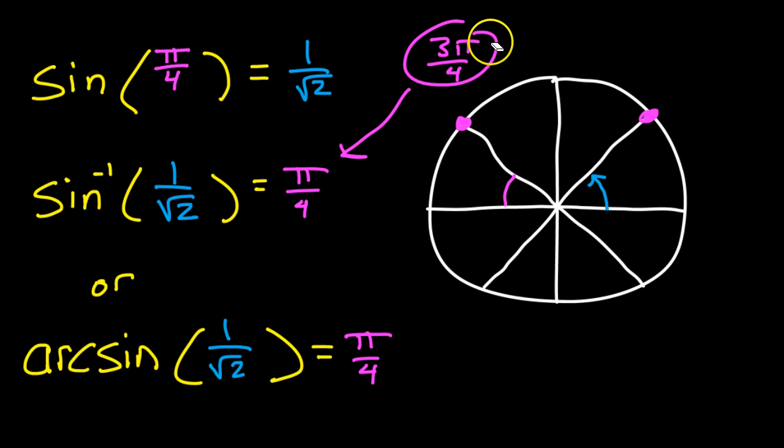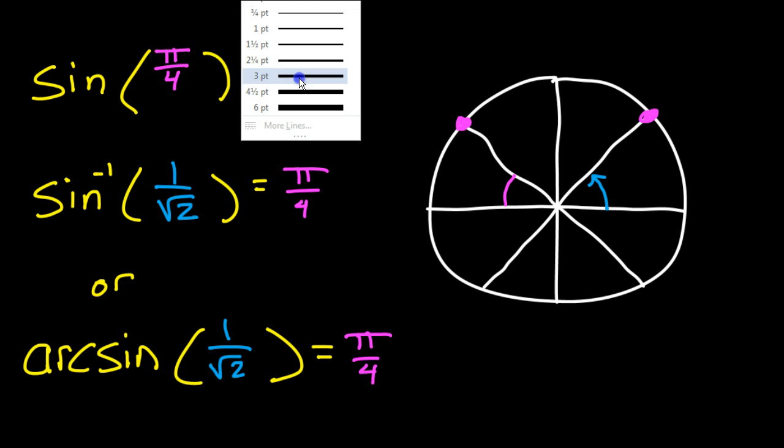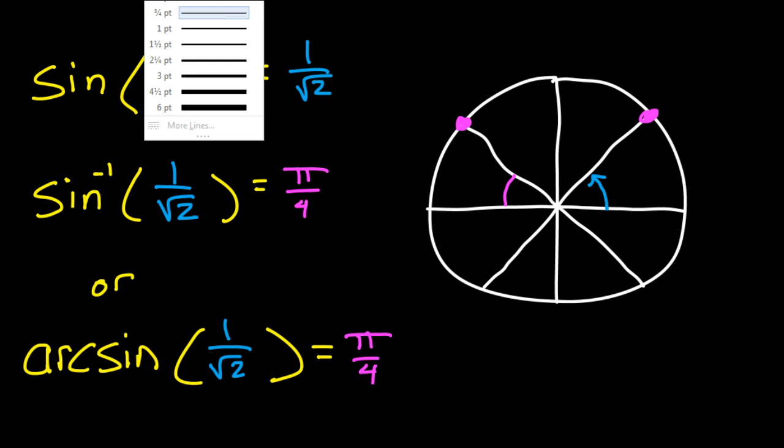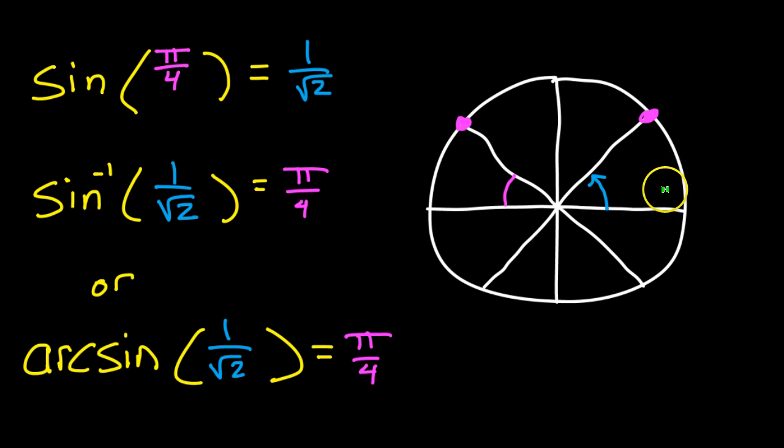So what you have to do is, a long time ago they decided on some restrictions. And for the sine function, the restrictions go like this. For the sine function, the inverse trig function is only defined from here to here on the unit circle.